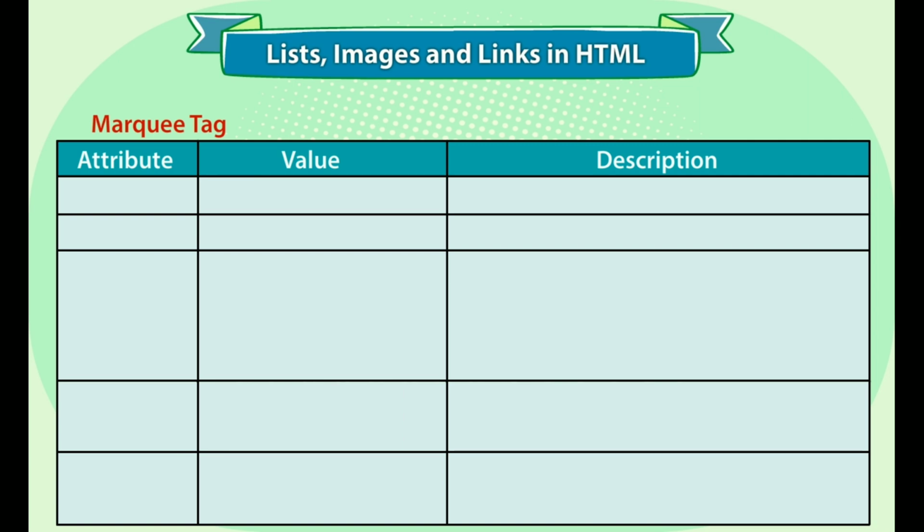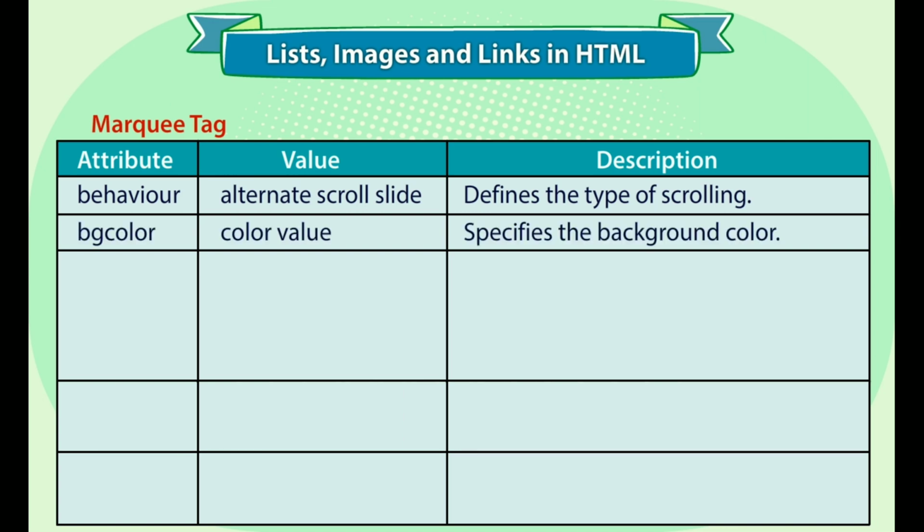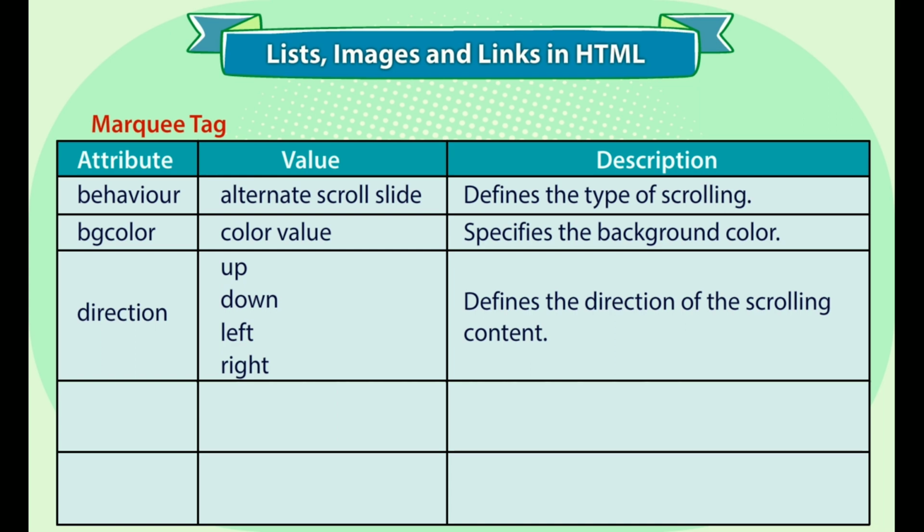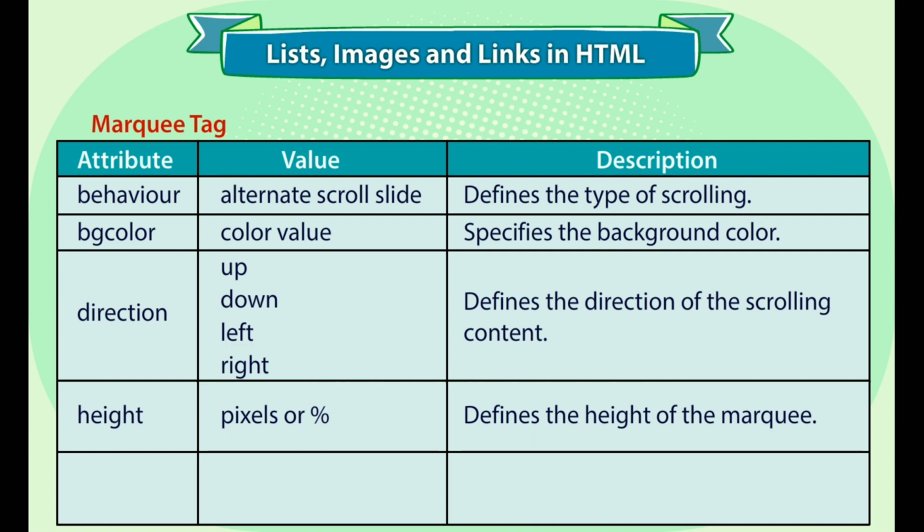Attribute, value, description. Behavior: alternate, scroll, slide. Defines the type of scrolling. BG color: color value. Specifies the background color. Direction: up, down, left, right. Defines the direction of the scrolling content. Height: pixels or percentage.